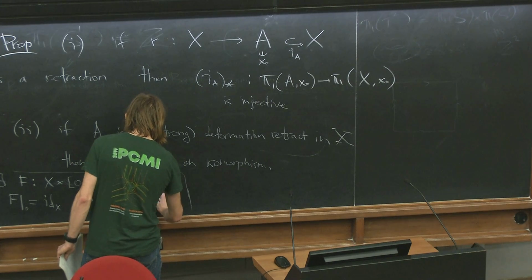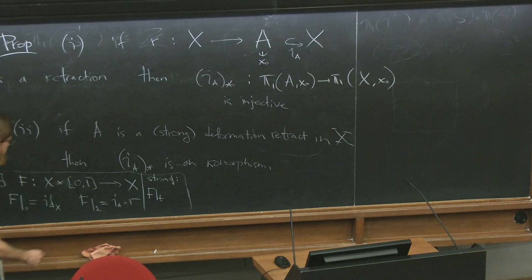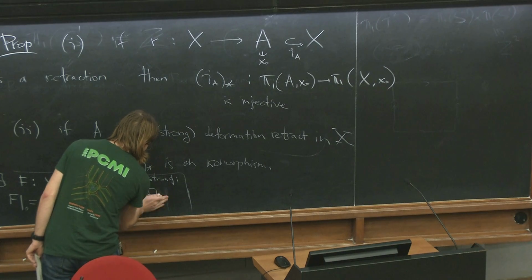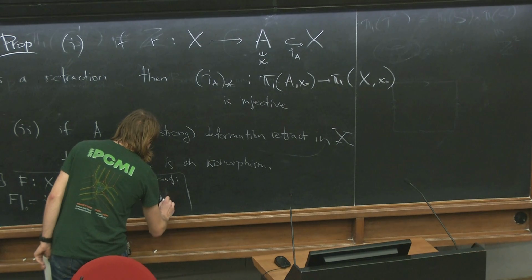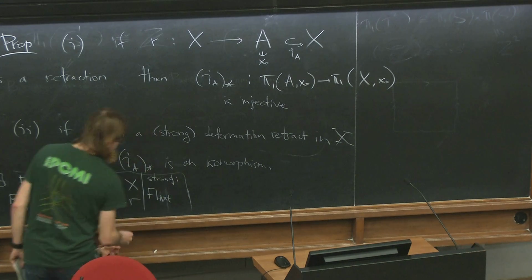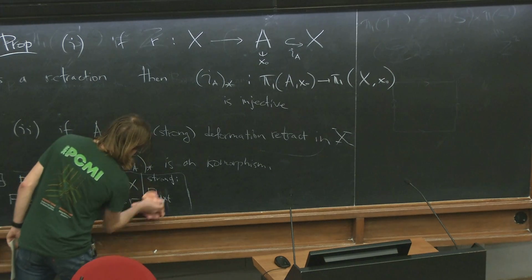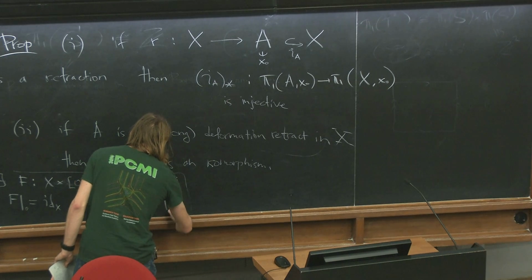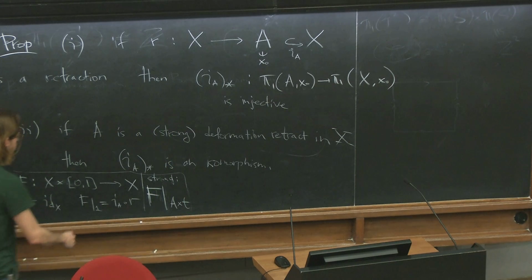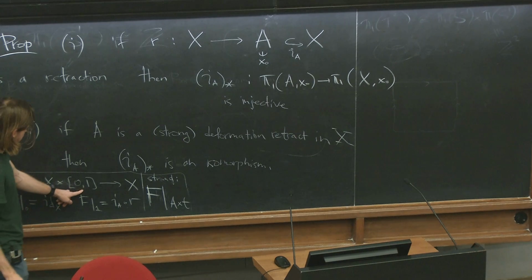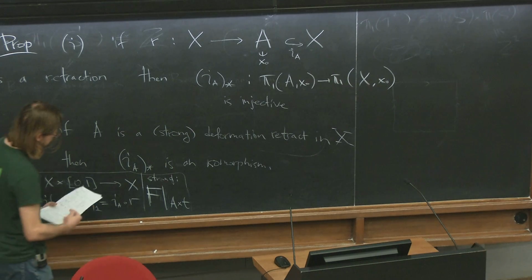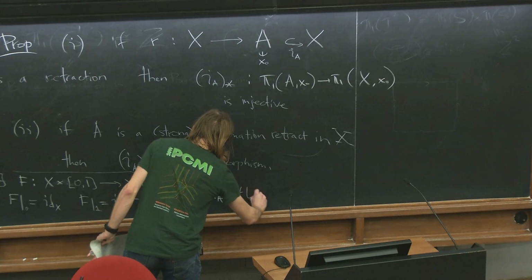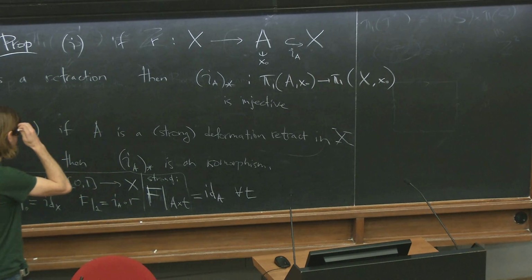we also want that if I take an arbitrary t in this interval and restrict F to A times t, so I take an arbitrary value t here and restrict to the subspace A, this should be the identity on A for any t.